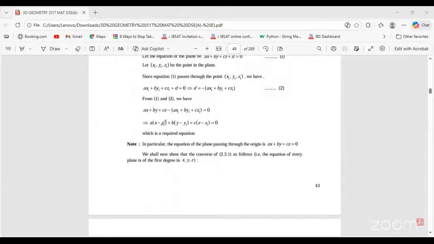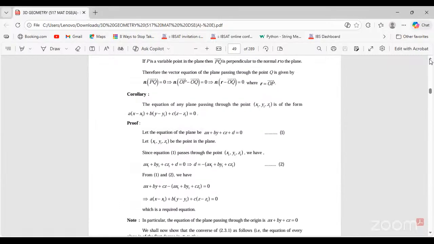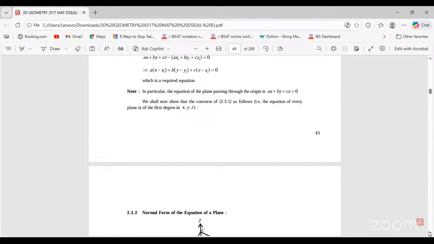So a of x minus x1 plus b of y minus y1 plus c of z minus z1 equals 0, which is the required equation of the plane passing through the point x1, y1, z1.